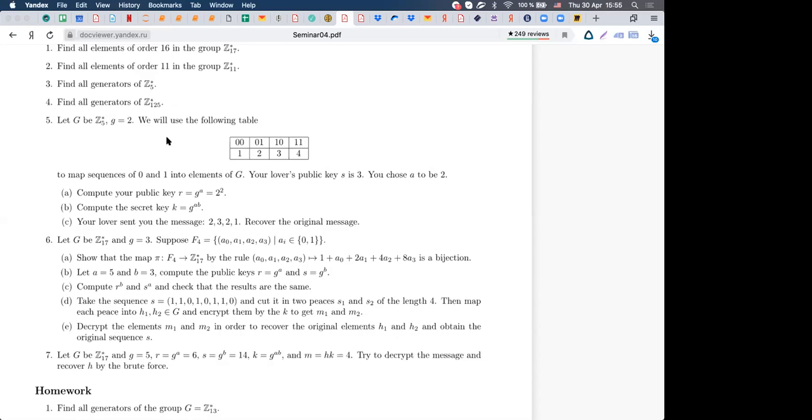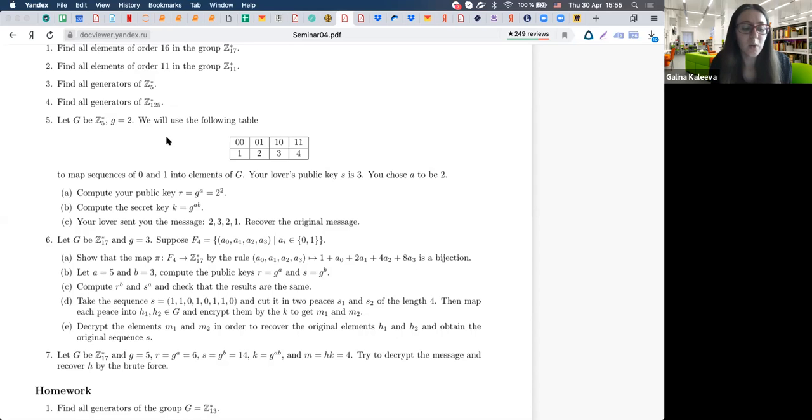But because we have to solve the discrete logarithm problem, we cannot clearly understand what the private key is, even seeing the public key. So we know the base, which we chose previously. The base is G, and the power is B, but we don't know the power. This is a private thing. Only the other person knows B. We know A, and we know G. All of us know G.